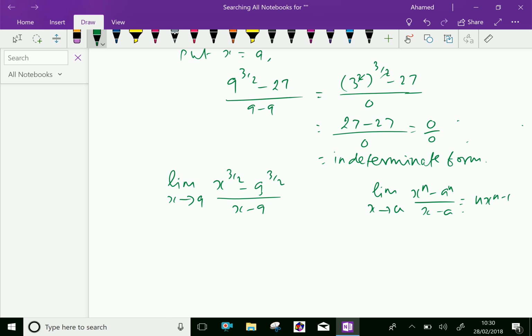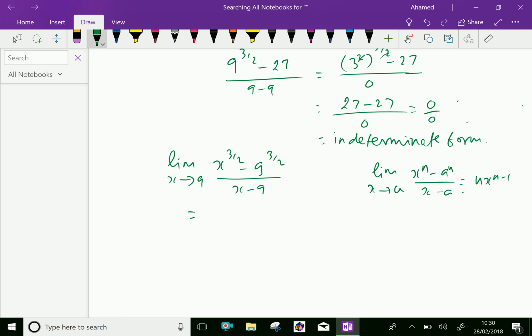Here a is 9 and n is 3 by 2, so the formula gives 3 by 2 into x^(3/2 minus 1).